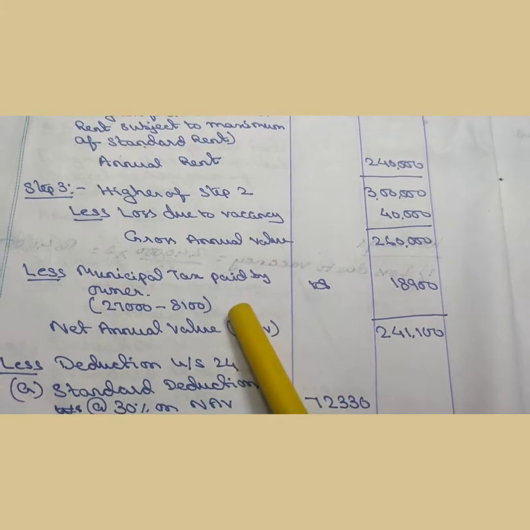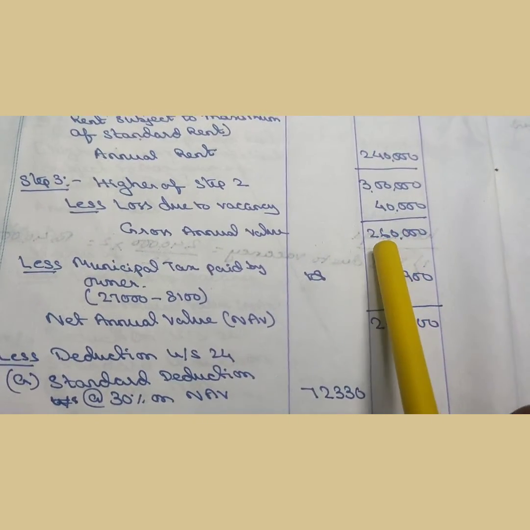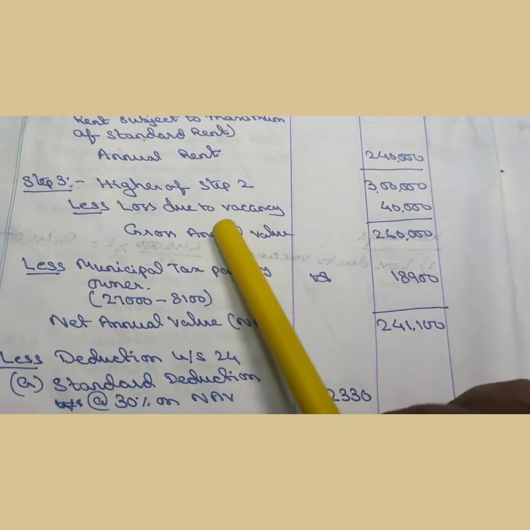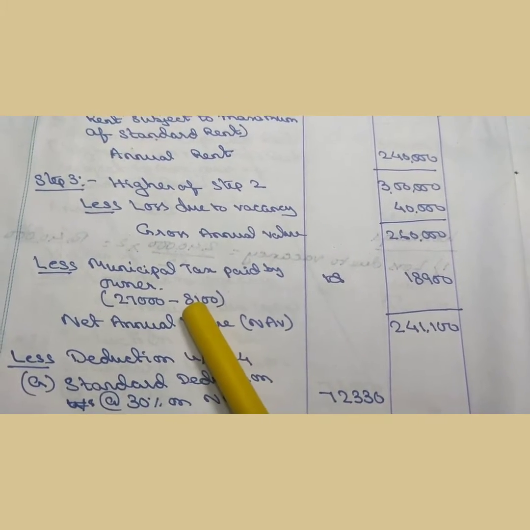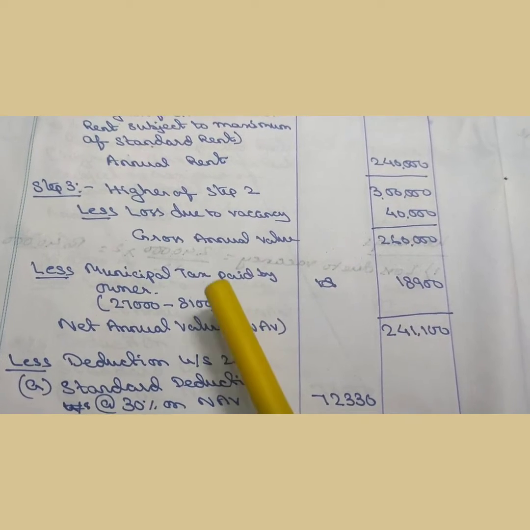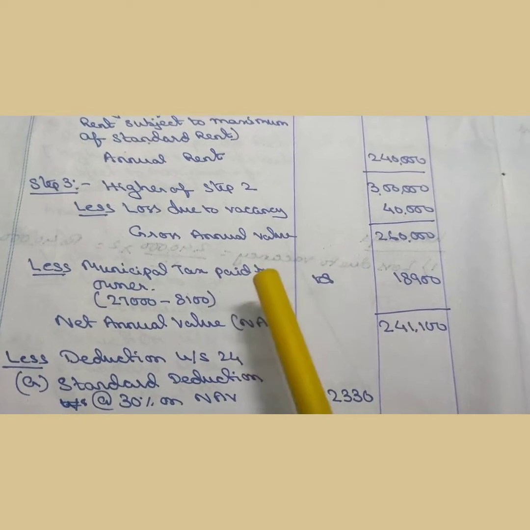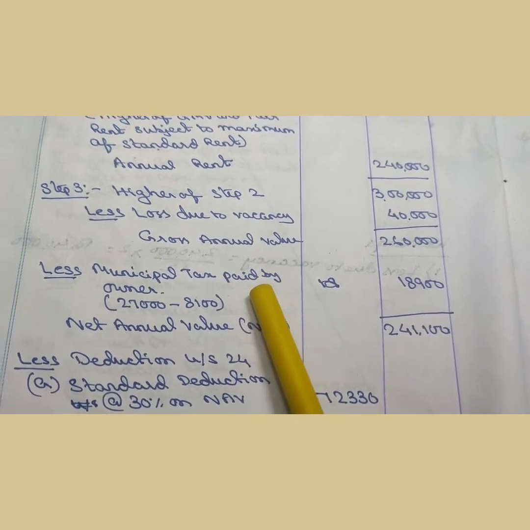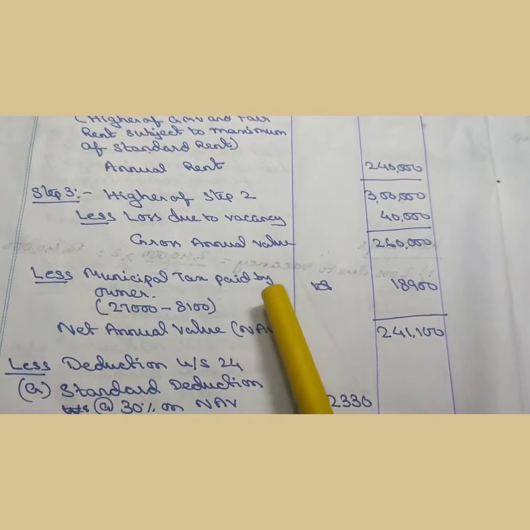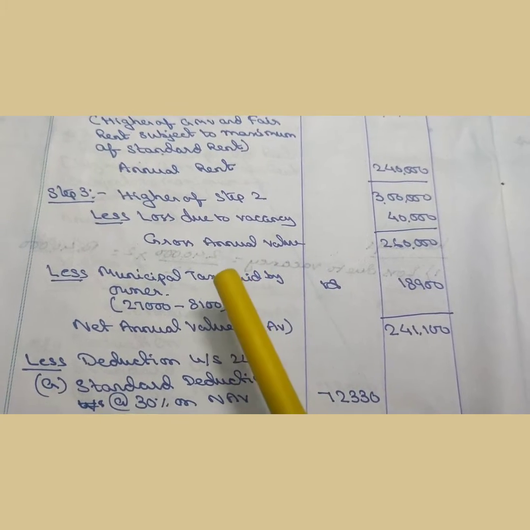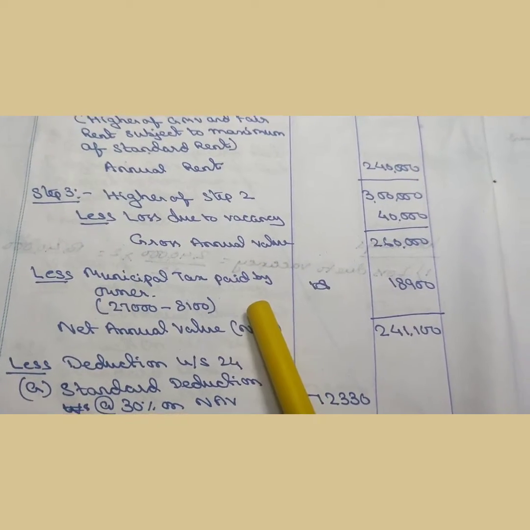Now the second part is after computing gross annual value, we have to deduct municipal tax paid by the owner. We know there are two conditions for getting municipal tax as deduction. Number one, it must be paid. Any due municipal tax is not allowed as deduction and it must be paid by the owner.